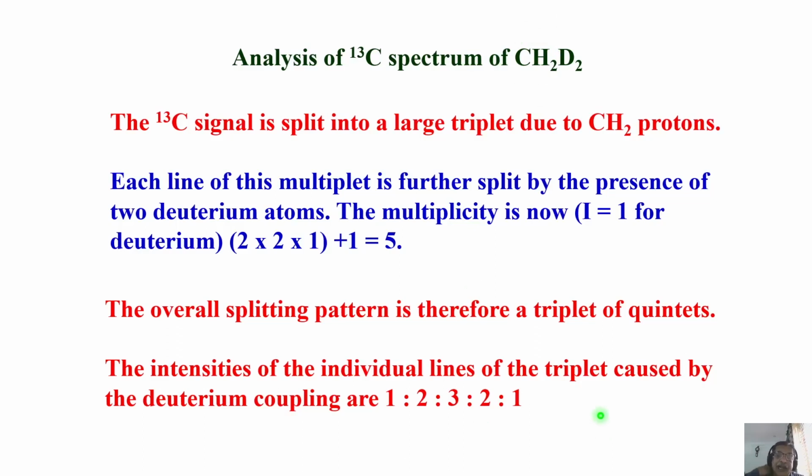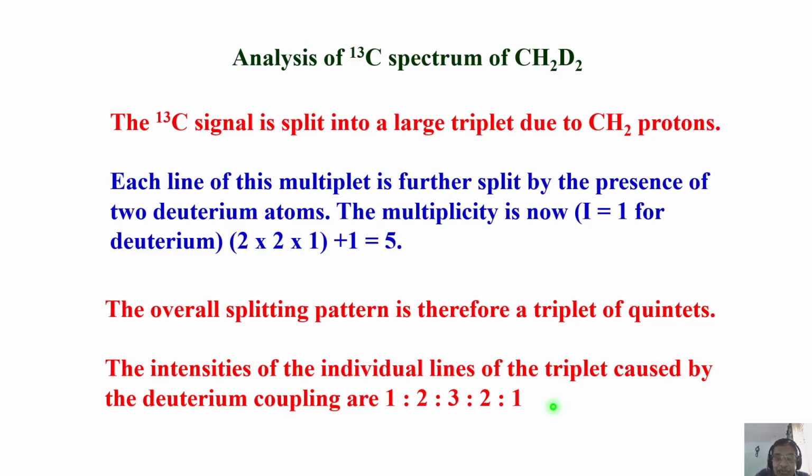So how many lines are you going to get? You get a triplet for carbon due to proton coupling, and each line of this triplet is split into a pentet of 1:2:3:2:1 intensity. So you will get 15 lines for carbon 13. One group of lines, 1:2:3:2:1, and then another one, another one.